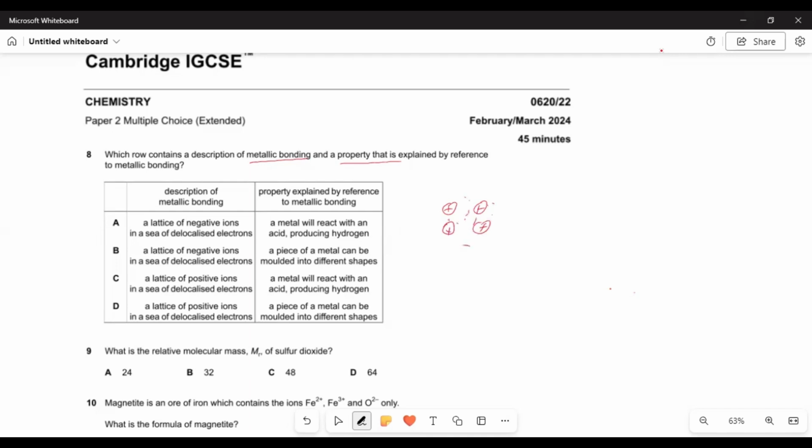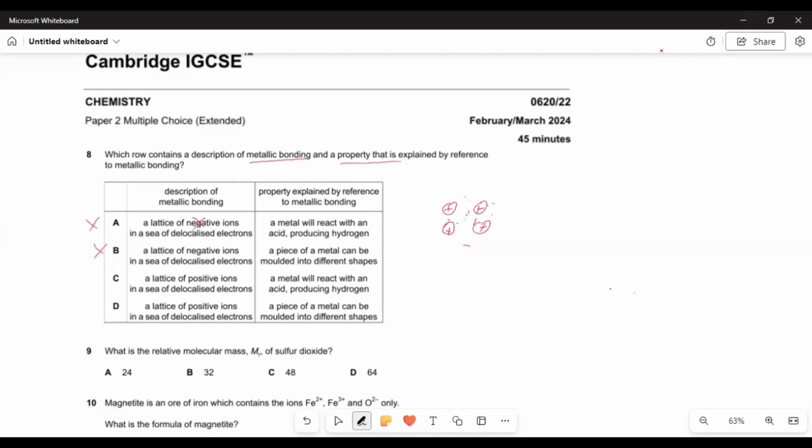So see, a lattice of negative ions, this is wrong, it cannot be, so we don't need to read the other part. The lattice of negative ion, again this is the wrong statement. Now the lattice is positive ion, and here it is also the same statement here. So we see the other options as well. So the option would be C or D.